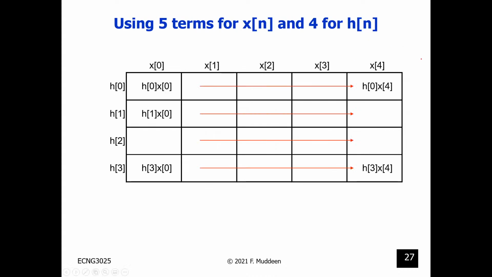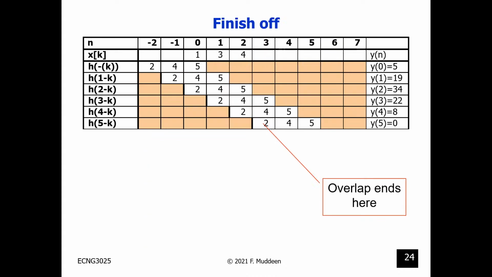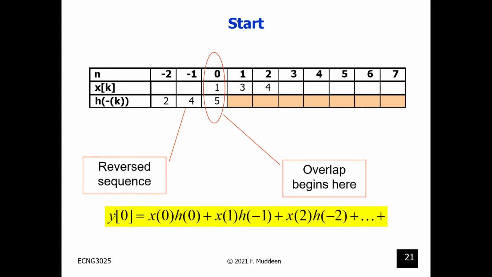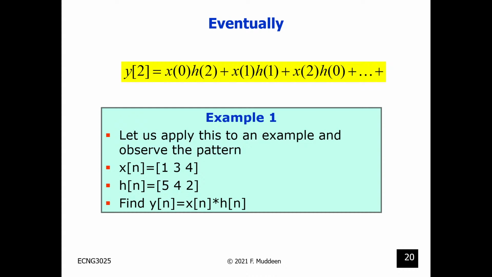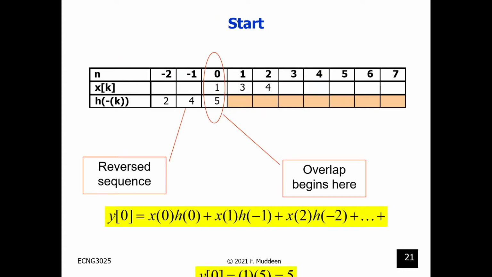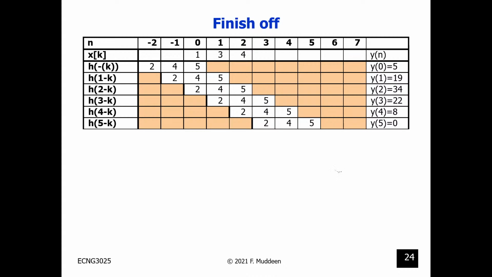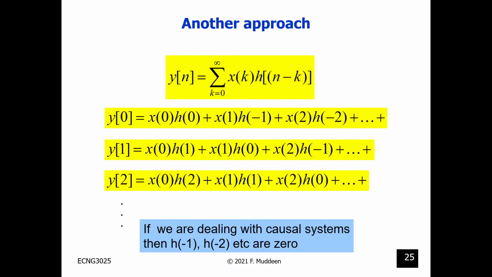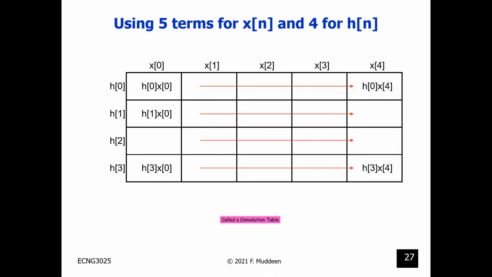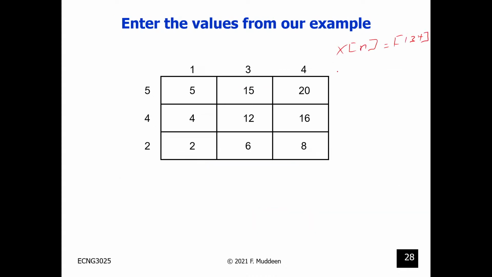And let's backtrack a little bit to see what our h of n was. H of n was 5, 4, 2.